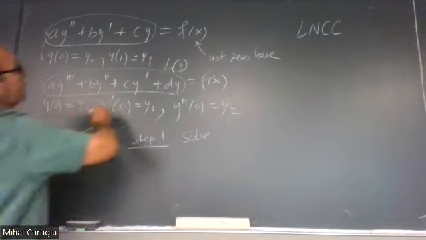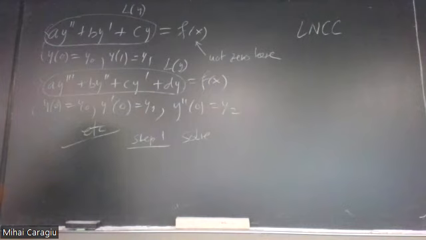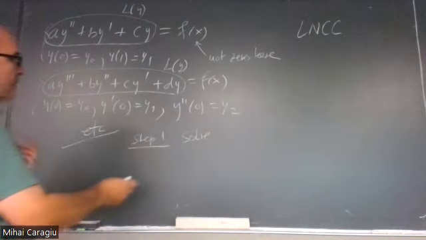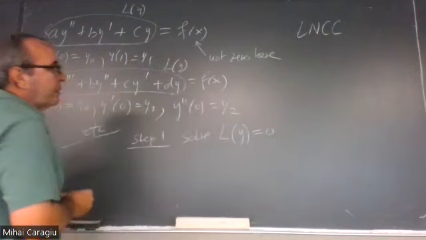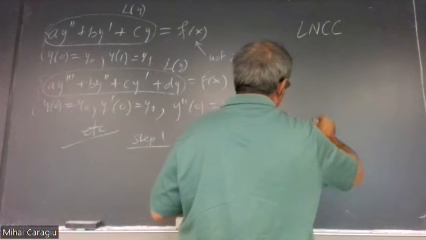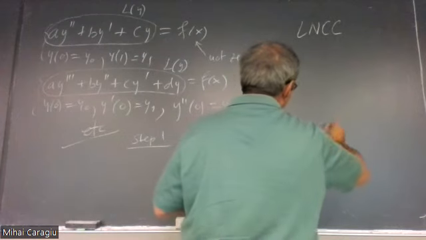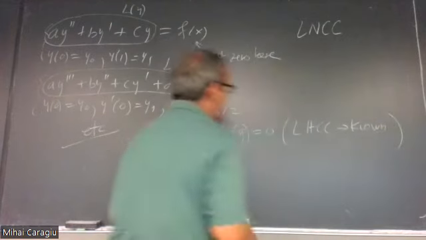So L of y is a function on the left. So solve L(y) = 0. And this is already known, because how to solve the linear homogeneous constant coefficients, LHCC, is already known.